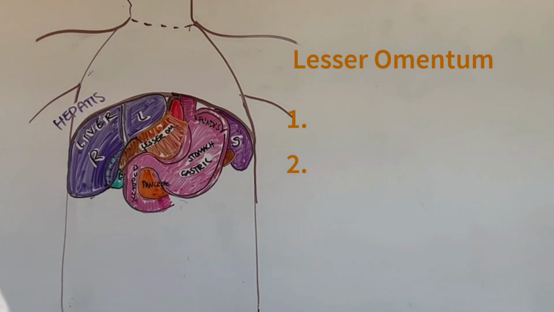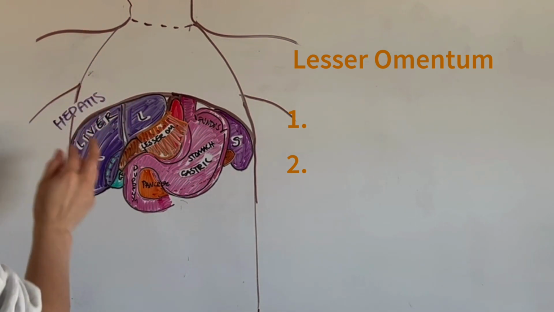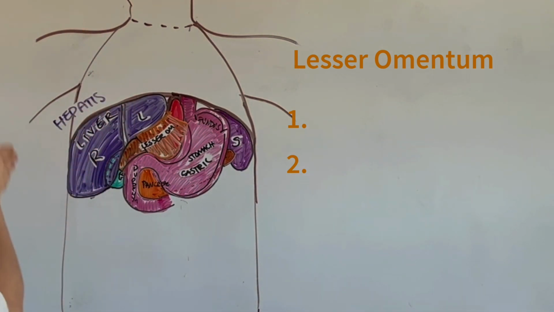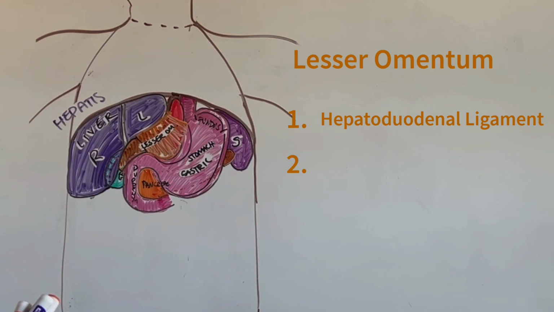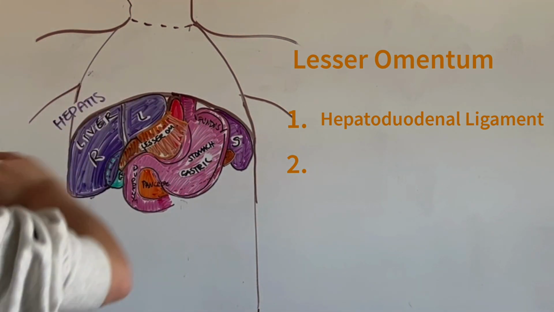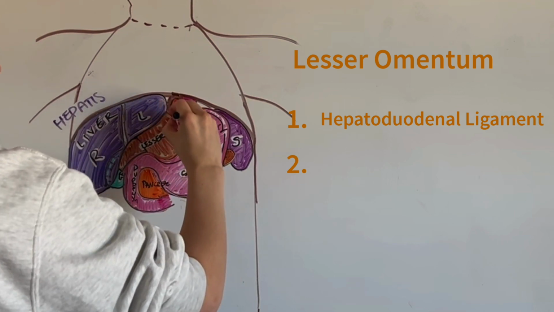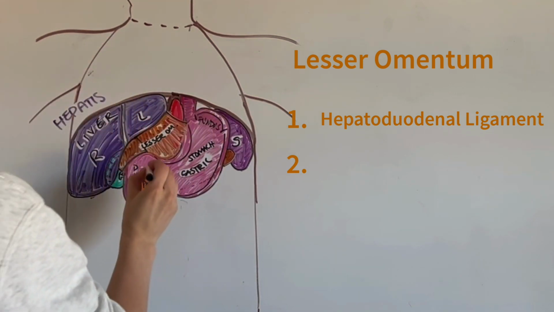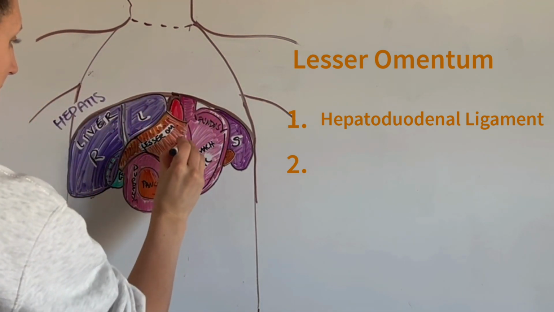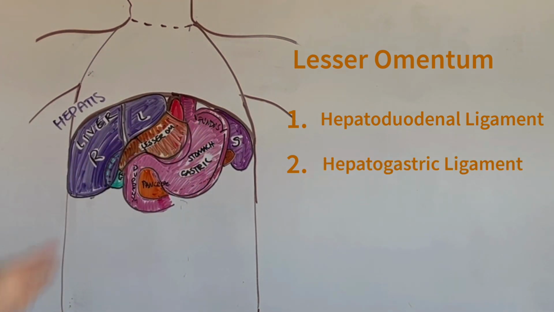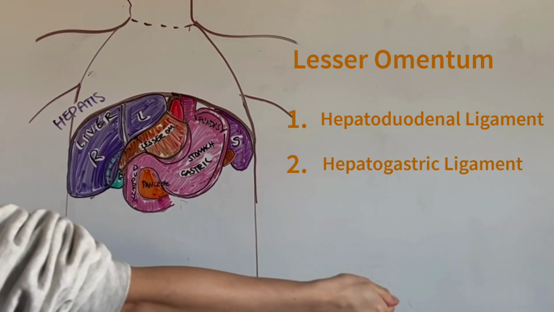So the portion of the lesser omentum that connects hepatis to duodenum is called the hepatoduodenal ligament. It's just one part of the lesser omentum. The portion of the lesser omentum that connects hepatis to gastric stomach is called the hepatogastric ligament.